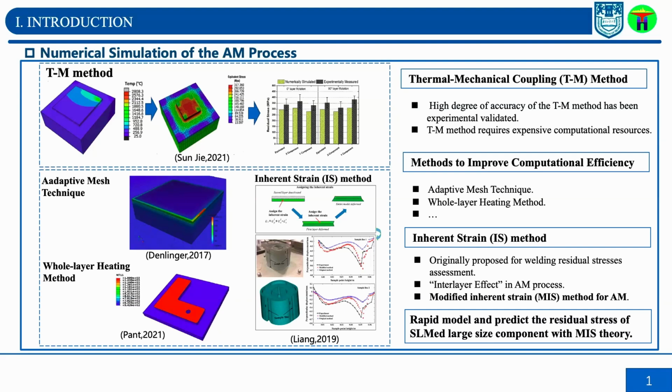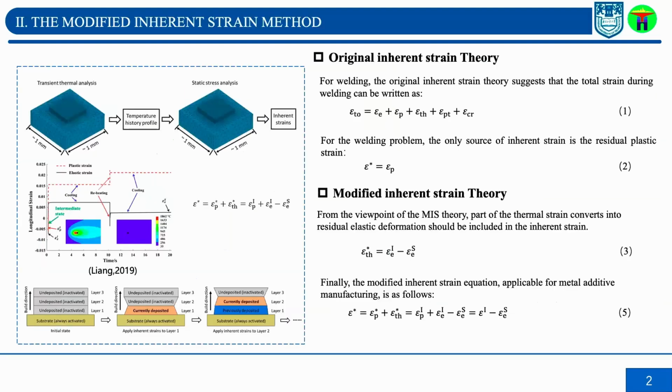with the MIS theory. For the welding problem, the original inherent strain theory defines the inherent strain. The only source of the inherent strain is the residual plastic strain in the weld part after cooling down.